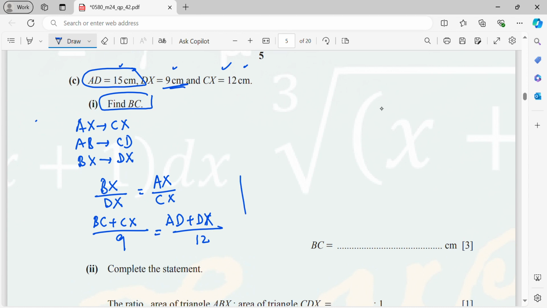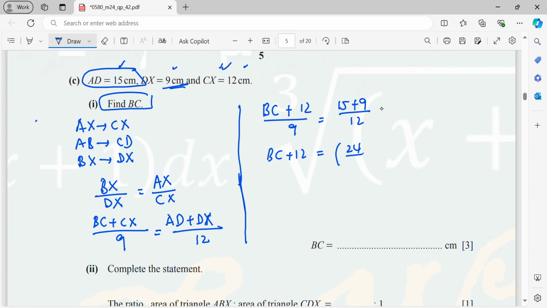Then from here, BC plus CX, CX is given 12, over 9 equals to AD is given 15 plus DX is 9 over 12. So now BC plus 12 equals to 15 plus 9, which is basically 24, so I will write here 24 over 12.